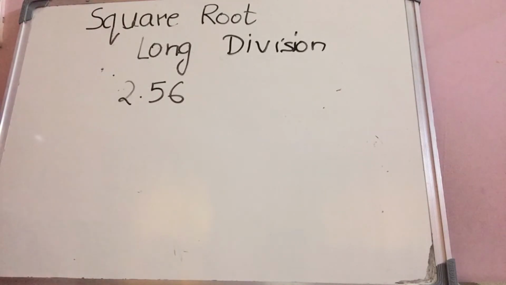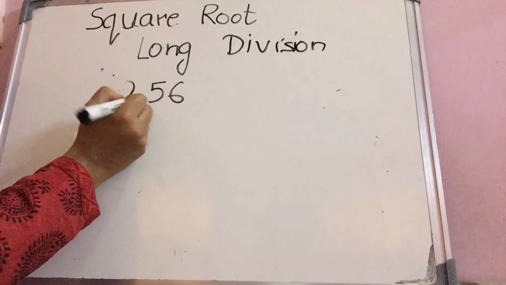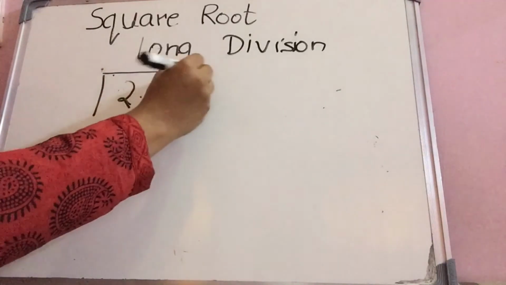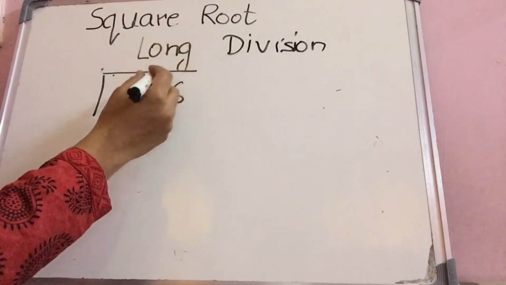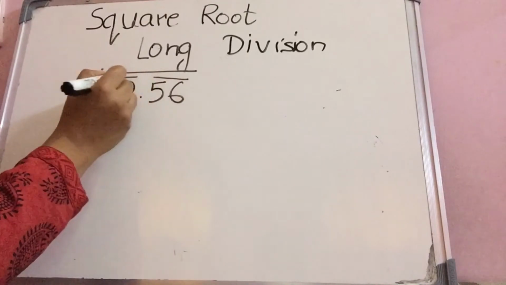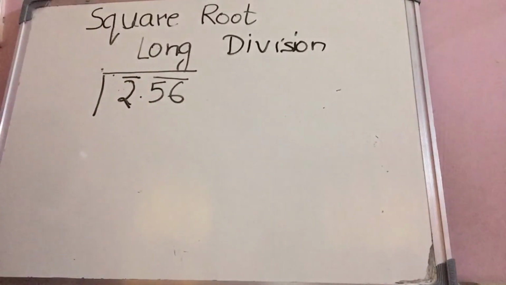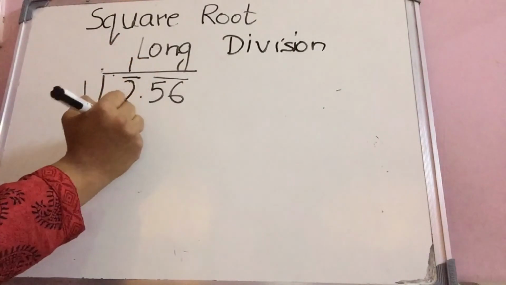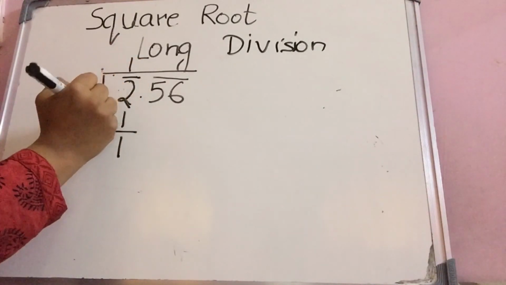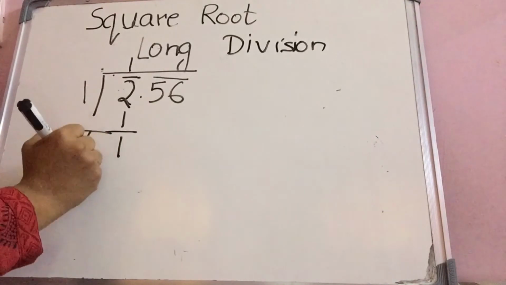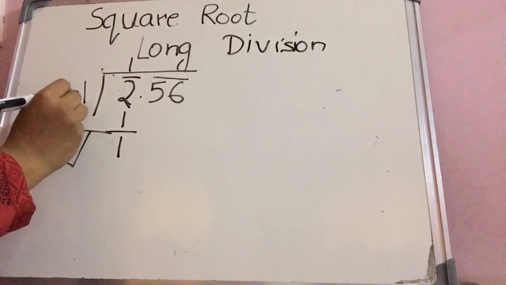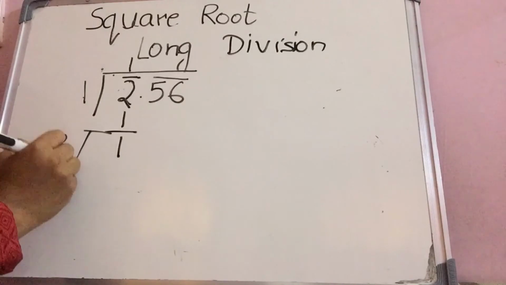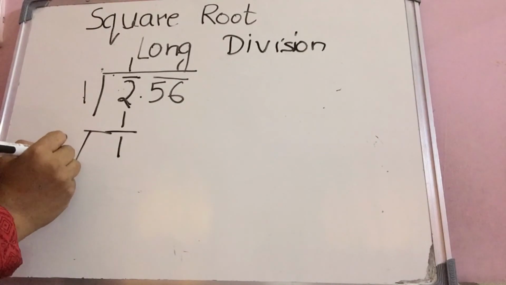Now suppose we have to find the square root of 2.56. So first we'll make pairs. Here we'll make 2 and 1 1. So the nearest number from 2 will be 1 times 1 is 1. We'll add these two numbers too. We'll place the unit place empty.